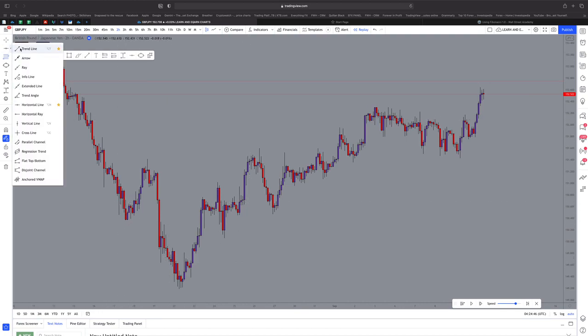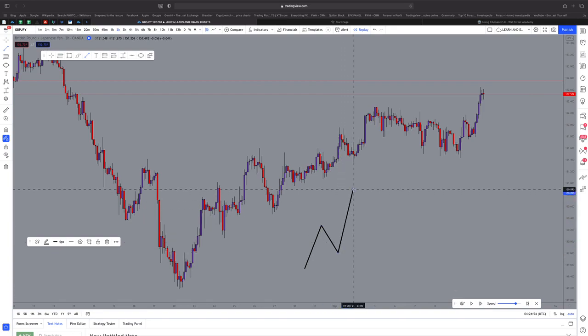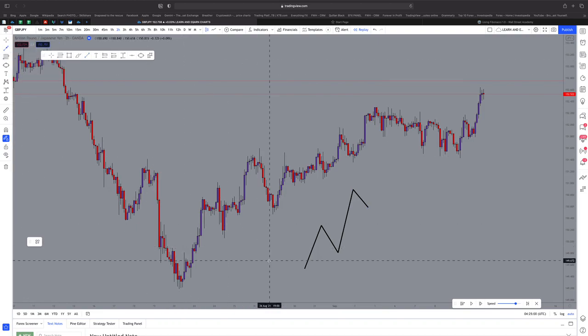In other words, we're going to start off showing an example of market structure. You have an uptrend, right? An uptrend consists of higher highs and higher lows.